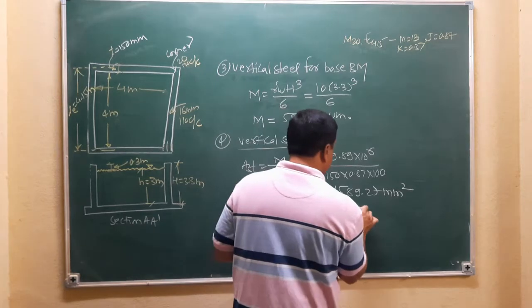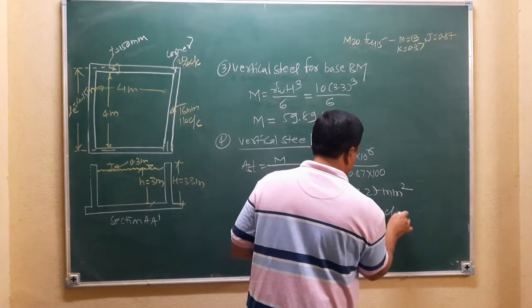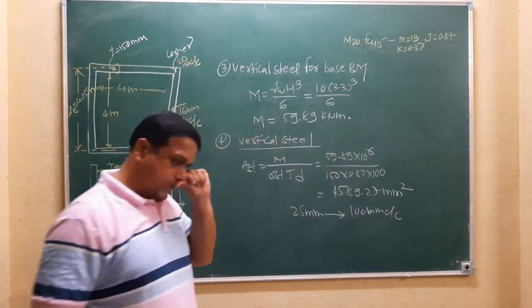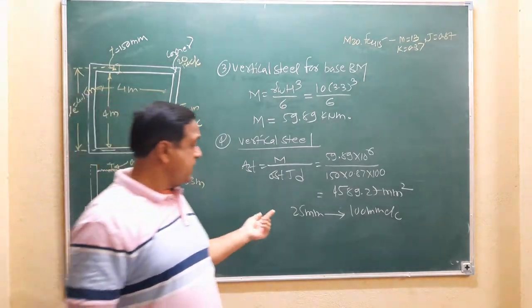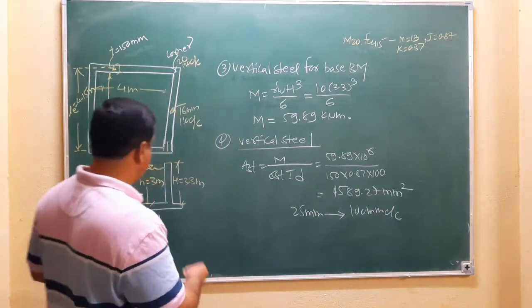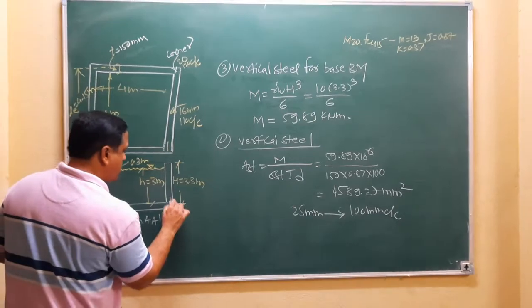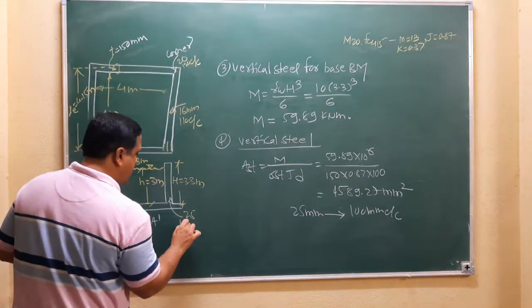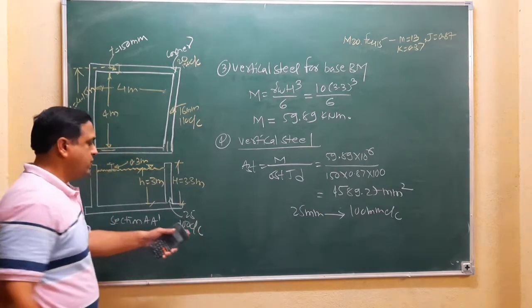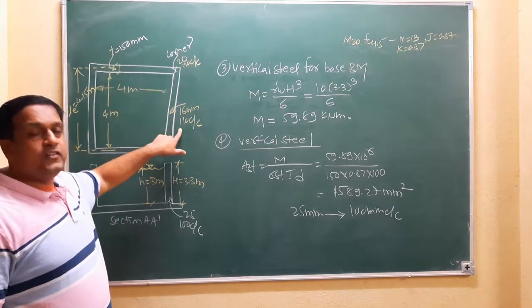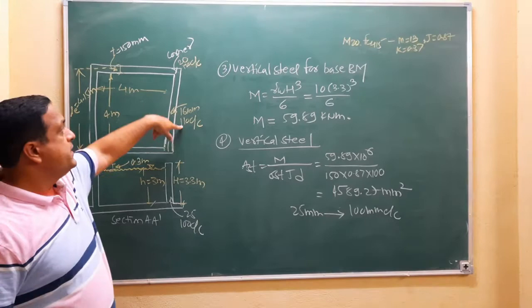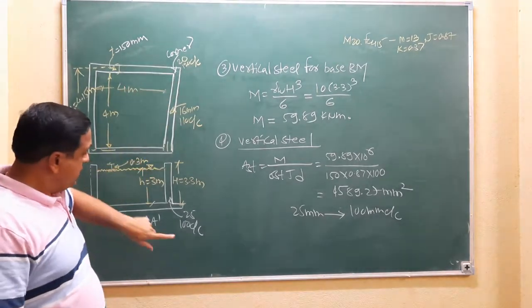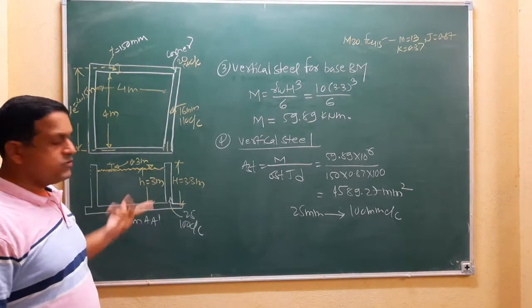It is 100 mm center to center. So this wall has vertically provided 25 mm bar, 100 mm center to center. The wall horizontal steel is decided, the mid and corner steel is decided, and the vertical steel is also decided.